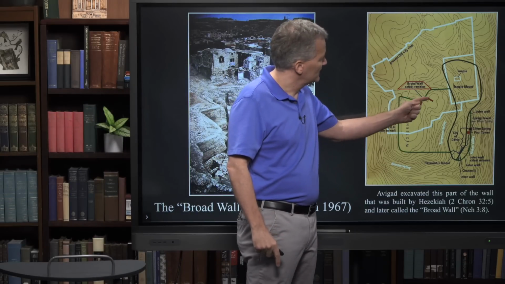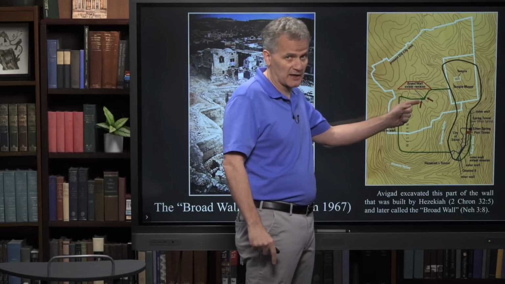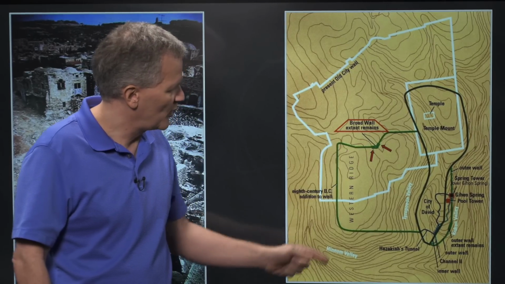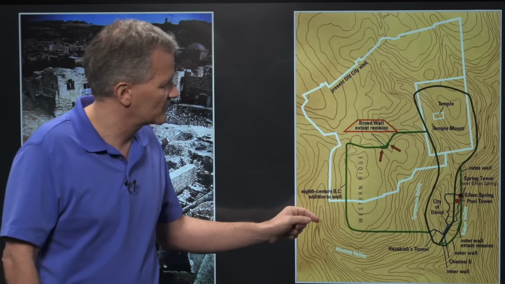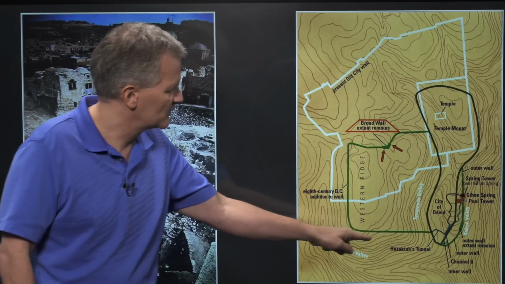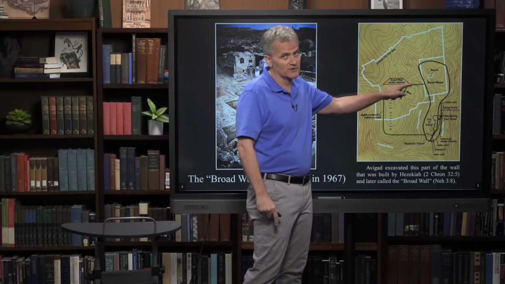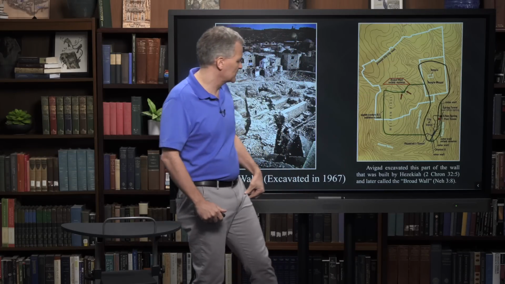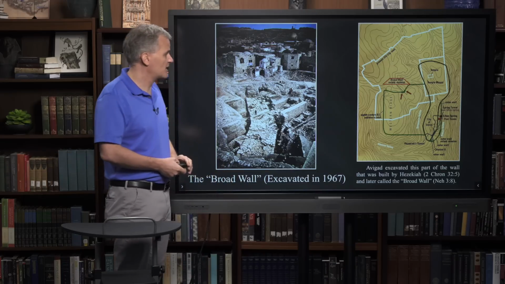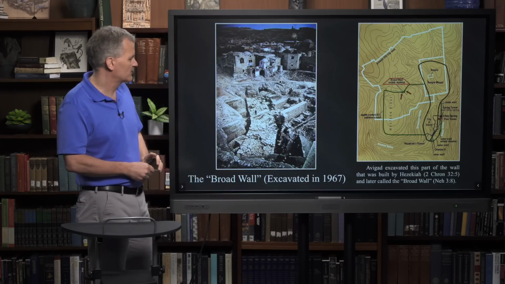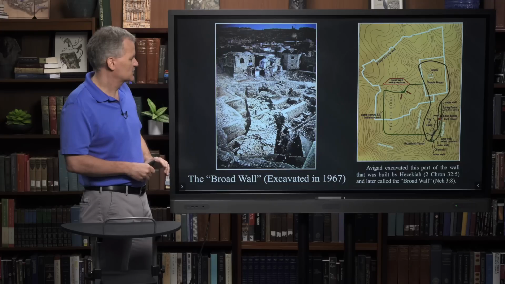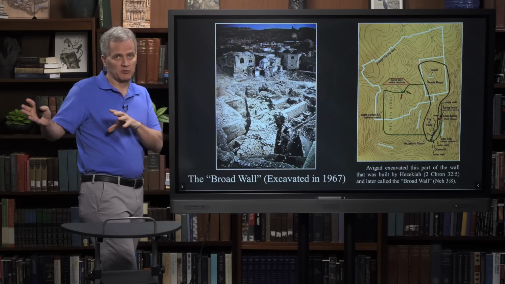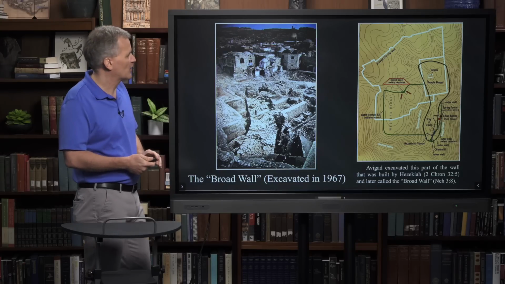Right there are the remains of the Broad Wall that were excavated in 1967, showing you part of that wall. Since then, a couple other parts have been found, but this is basically the line of the city wall once Hezekiah added that extension. Avigad was the excavator here, and this was indeed the new wall that was built to be able to enclose a greater part of the city.